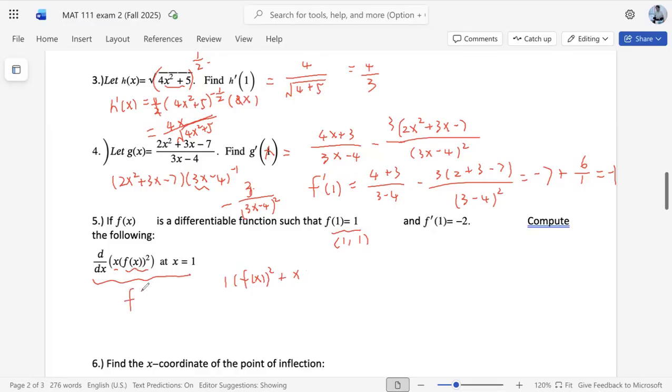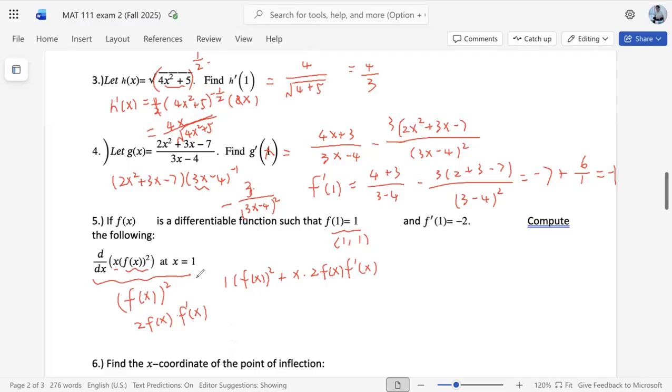So how do we take the derivative of f of x raised to square? First, we deal with the exponent 2, 2f of x. Then 2 minus 1 is 1, so f of x raised to 1. Now the derivative f prime of x, right? So this is x times 2f of x times f prime of x.